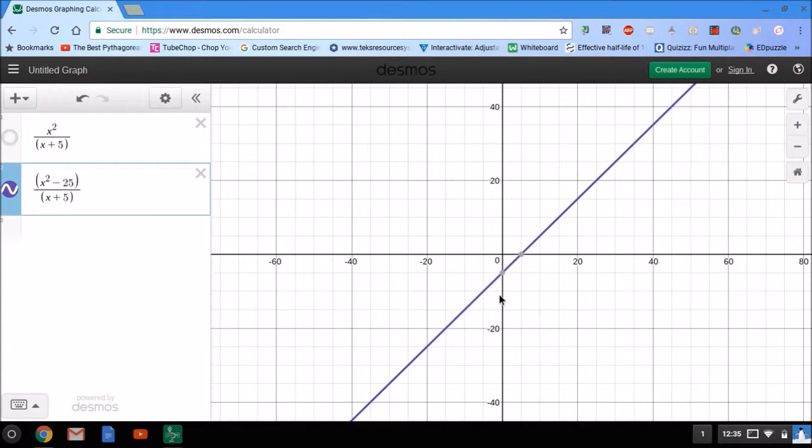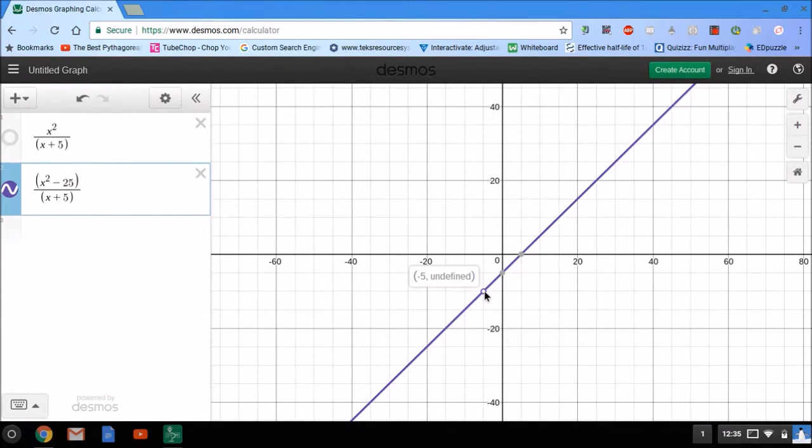And on your notes, I told you that there is a hole at -5. So what does that mean? I don't see a hole here. Do you see a hole here? Looks like a solid line to me. So what I want you to do is either watch or graph this on your own, and use just the mouse on Desmos and go to where x is -5 and see what happens.